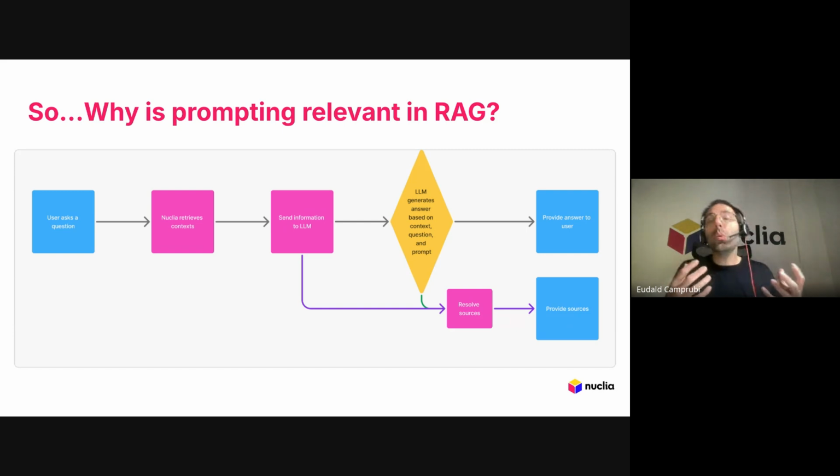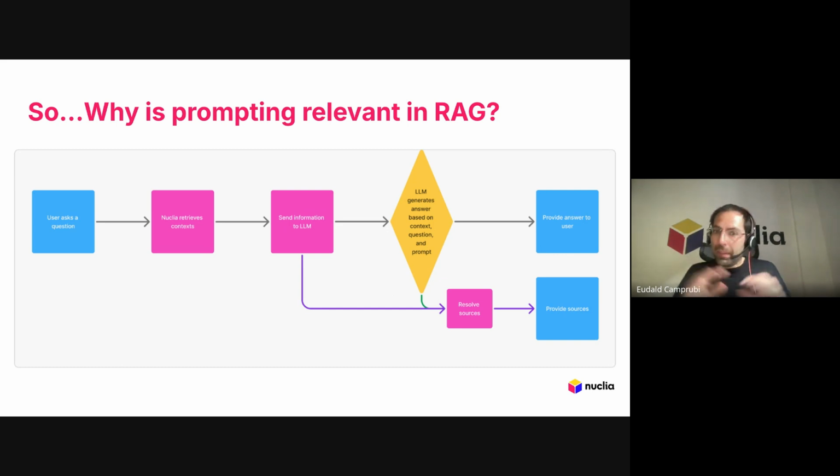So once we send the context to the language model to provide the output for the user, we are not only waiting for the model to provide us the answer, but we also set up the answer based on a prompt. And that's why it's very important to understand that setting up the right prompt is, at the end of the day, very important to provide the right answer to the user.